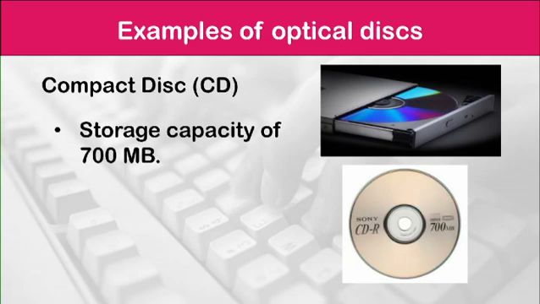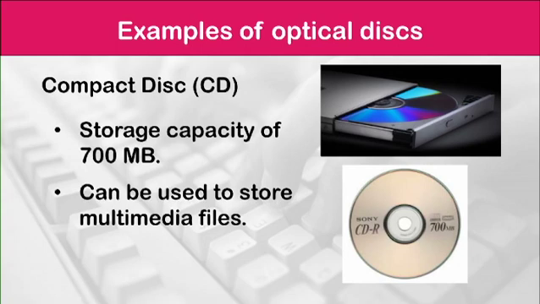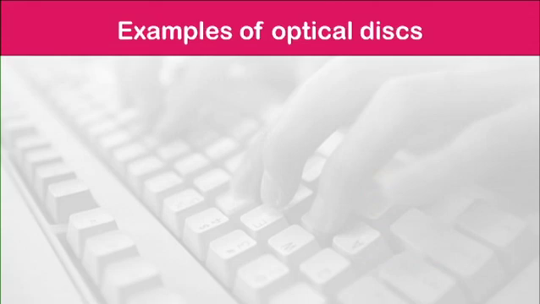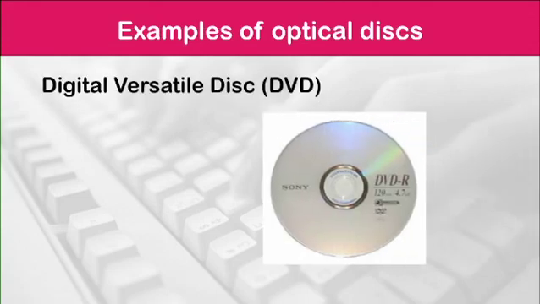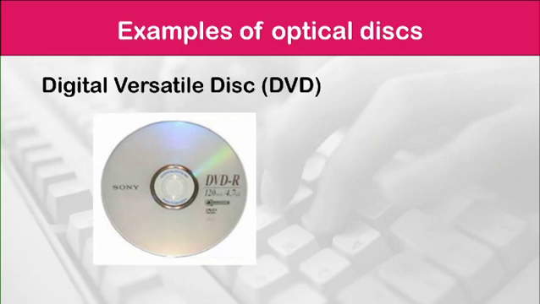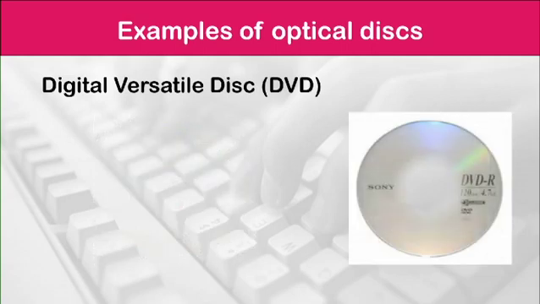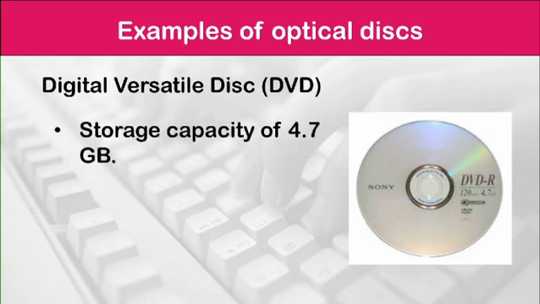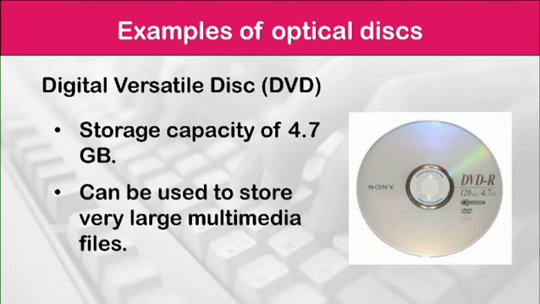It has a storage capacity of 700 megabytes and can be used to store multimedia files. Another optical disc is the digital versatile disc, also called DVD. It has a storage capacity of 4.7 gigabytes and can be used to store very large multimedia files.